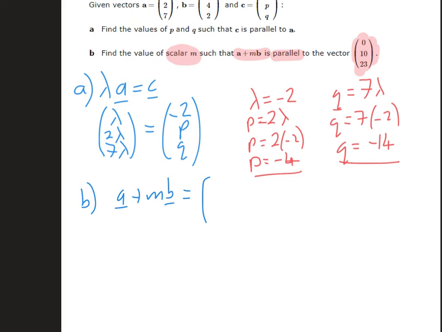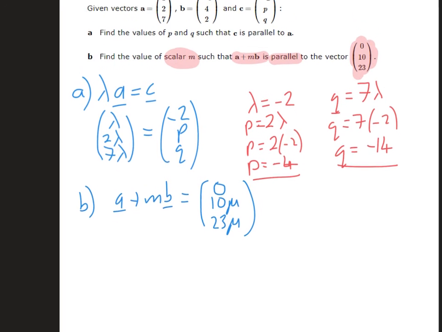So I'm not going to use lambda. Think of a Greek letter. Let's use mu. So 0 times mu is just 0. 10 times mu is 10 mu. And 23 times mu is 23 mu.